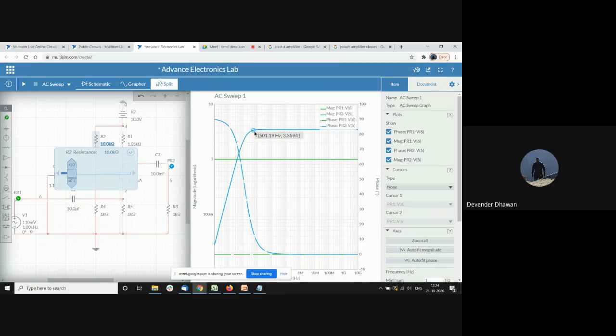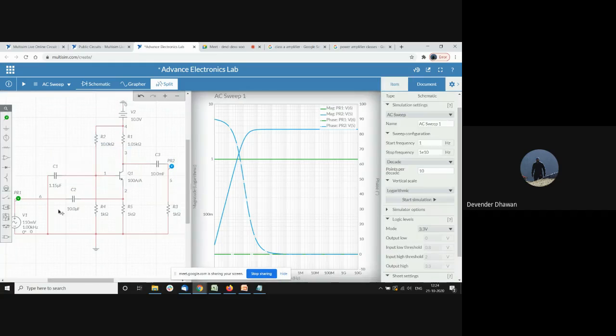Okay, and it is saturating around 1k itself. So all these things you can see. I don't remember the formula, so I'm just using hit and trial here, which you can see what effects these things are having here. Okay, so this was our common base amplifier.